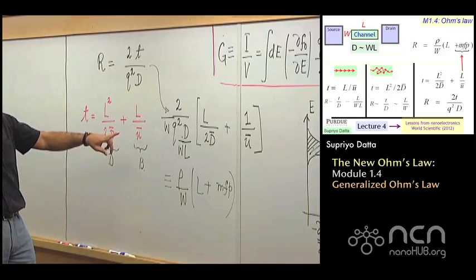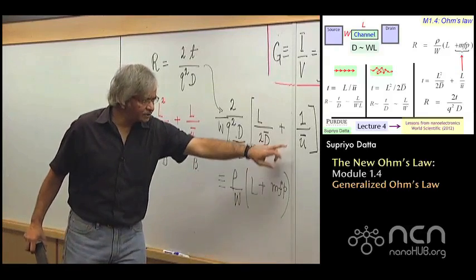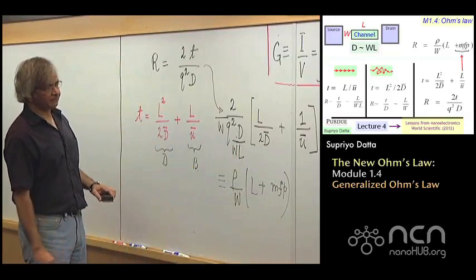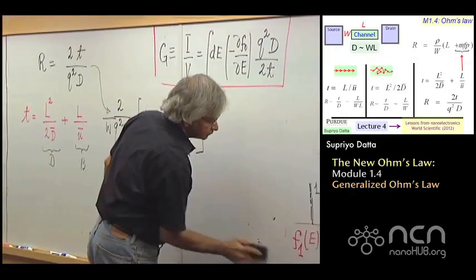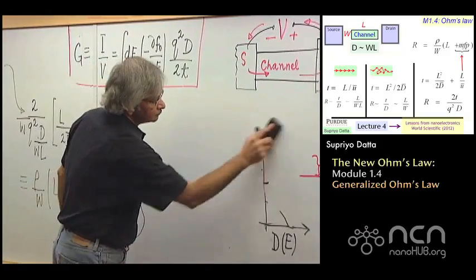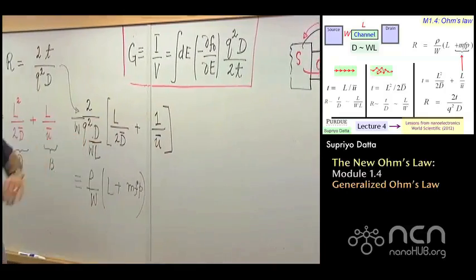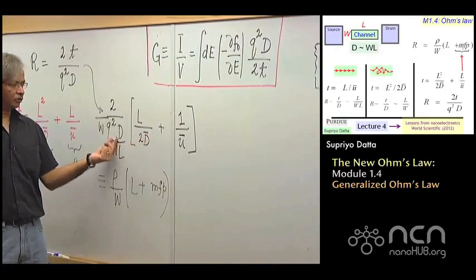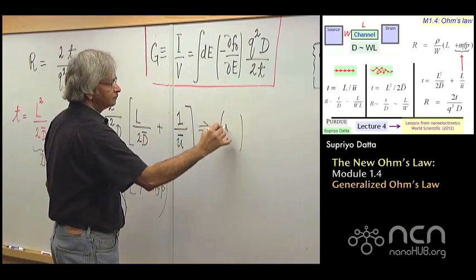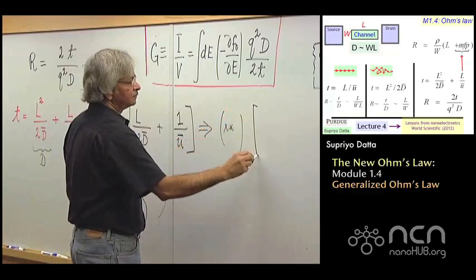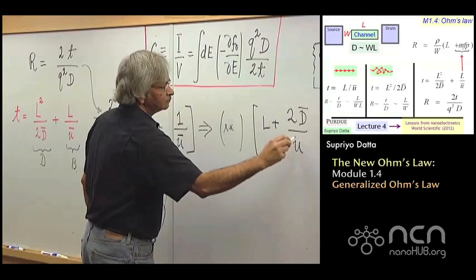And let me quickly explain why this one is like a mean free path. It would be something like this. You can see that what is in here, if I pull this 2D out of here, it would look like some quantity times L plus 2D over u.